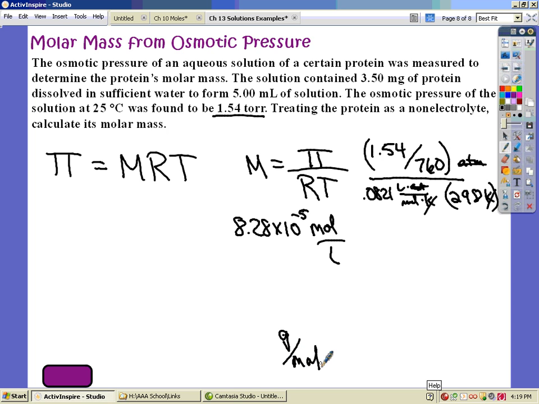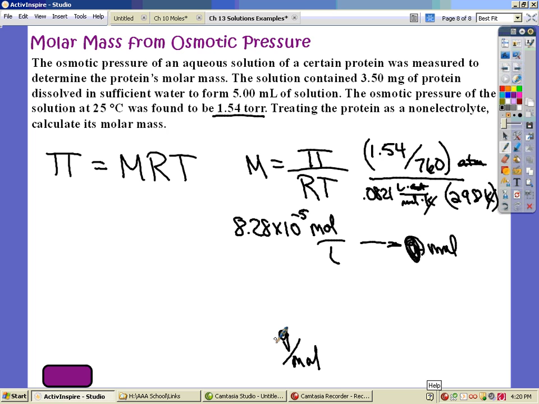So if I can get this to just moles, then I can take the moles here, and I have the grams from the problem, the 3.5 milligrams, and that should give me my answer.